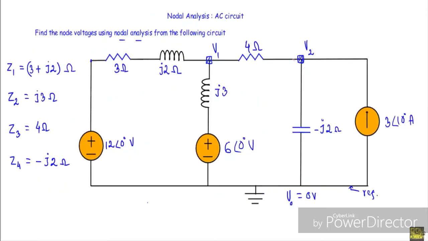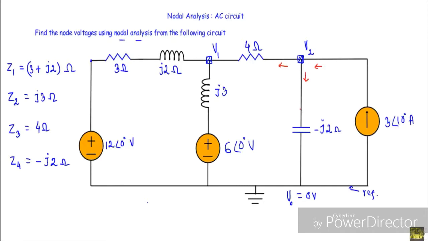After obtaining equation number 1, I will apply Kirchhoff's current law at node number 2 in phasor form. When applying nodal analysis, from node 2 the current in this direction is unknown, so this will be outgoing. The current in this direction will also be unknown, so this will be outgoing, but the current in this direction is known, and that is indicated by this current source.